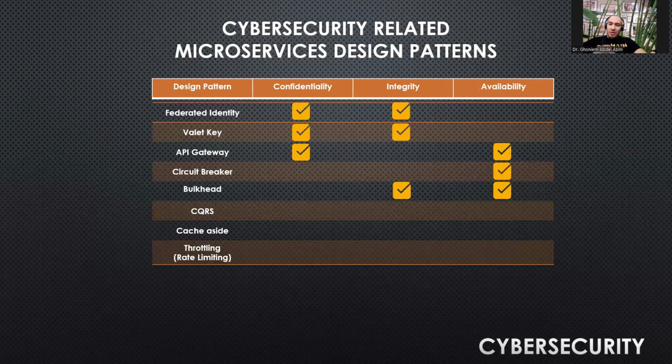And this segregation means you are balancing between the operation types, the query operations and the command operations. Since you are balancing between the different types of operations, you are increasing the performance of the solution, and that can increase the confidentiality, the integrity, and the availability of the solution.